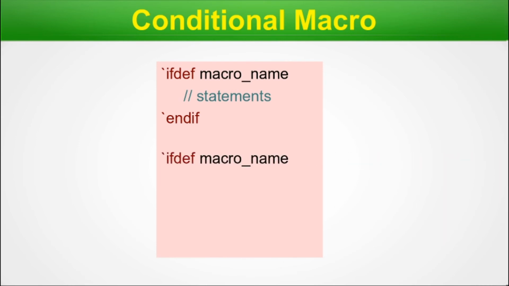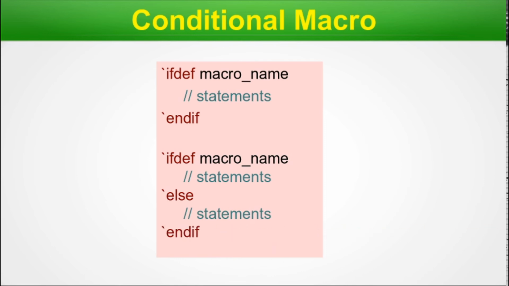Now conditional macros. Let's see some examples. With ifdef, we give the macro name, then the statements for the first condition, and we end it with endif. This is a simple if condition in the preprocessor directive. Now let's see the if-else combination. ifdef the macro name, then the statements, then the else comes with its statements, and we close it with endif.